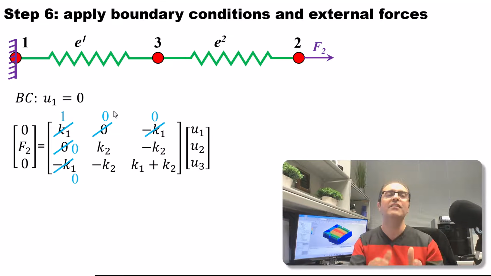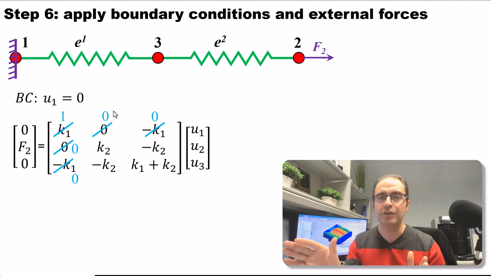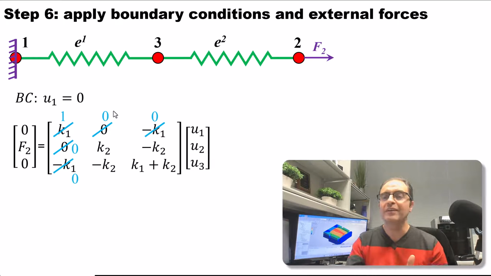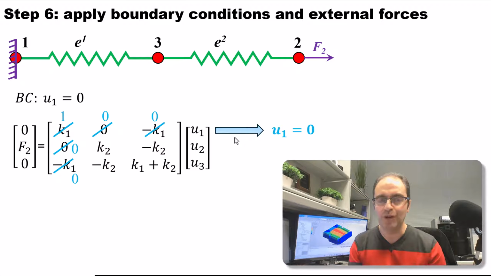In fact, if we change the diagonal element into 1 and other elements in the first row to 0, the first line will be 1 times u1 plus 0 times u2 plus 0 times u3 equal to 0. This is u1 equal to 0.